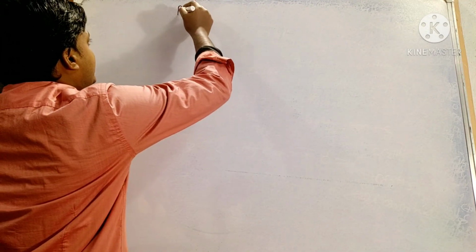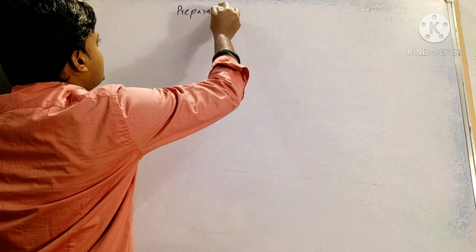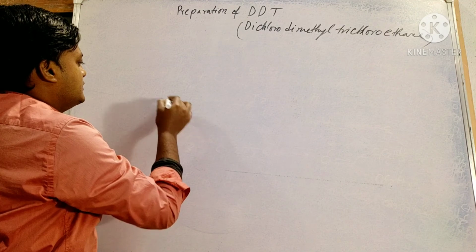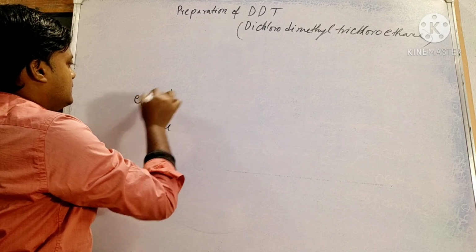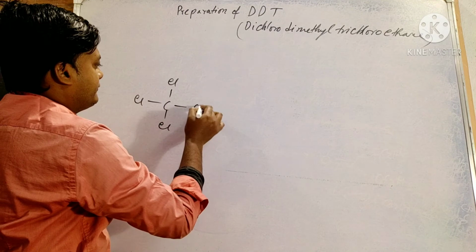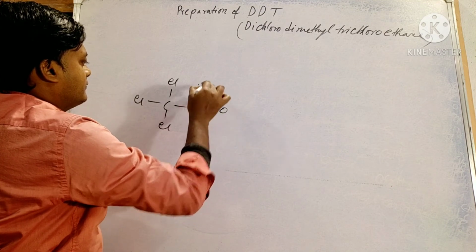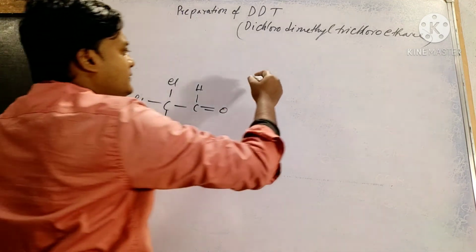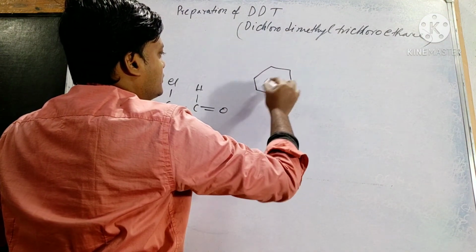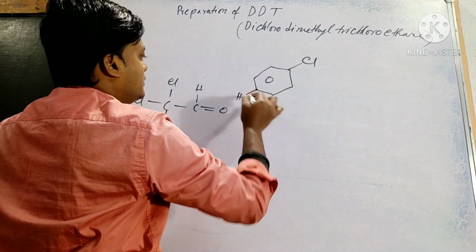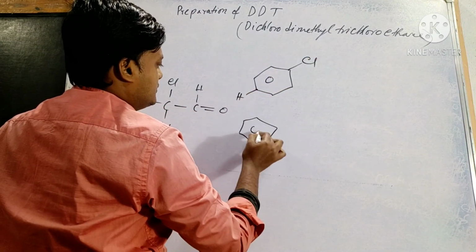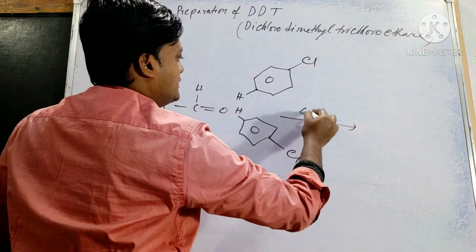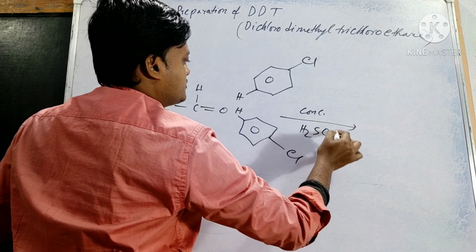Next, preparation of DDT. For this we need chloral, CCl3CHO, chloral, and 2 molecule of chlorobenzene. 2 molecule of chlorobenzene in presence of concentrated H2SO4.